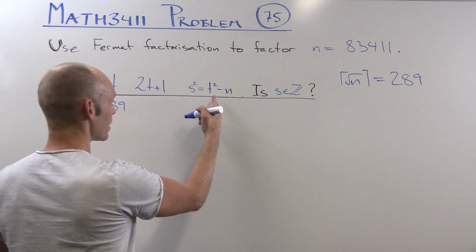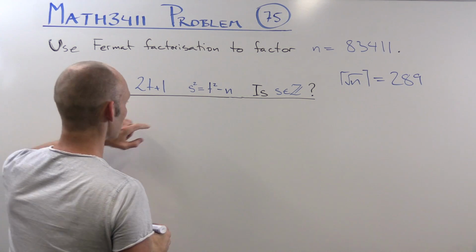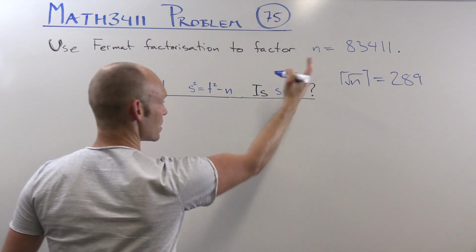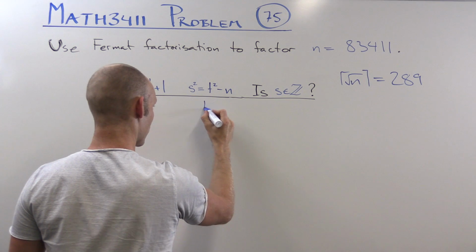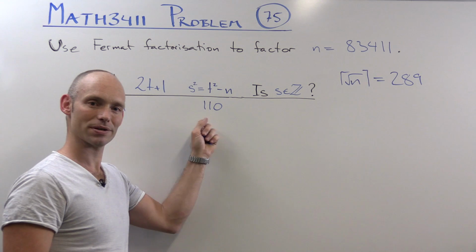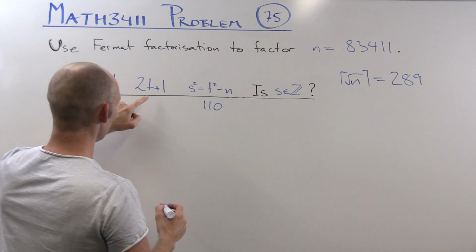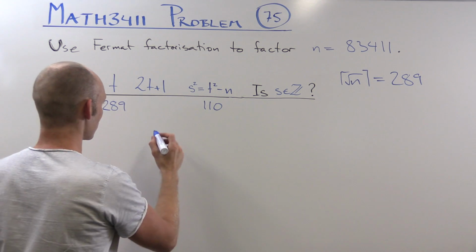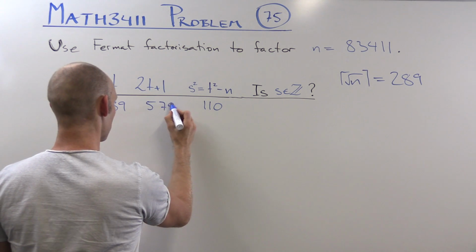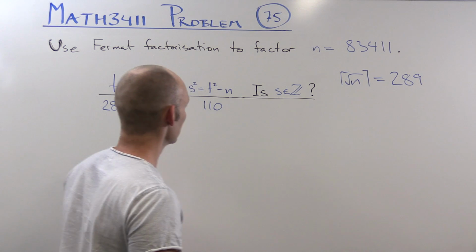First of all, we have to calculate this very first term. So t squared, this number here, minus n, and that gives you 110. So there's a tiny bit of calculation right here in the beginning. We also want to calculate 2t plus 1, so that's 579.